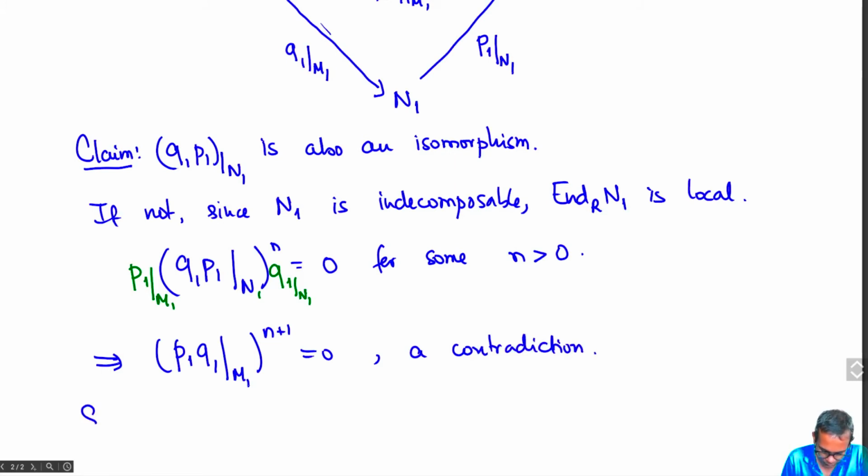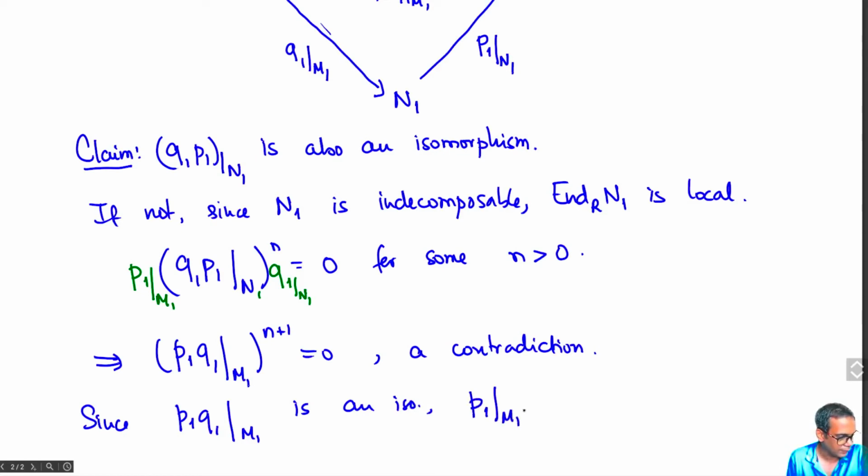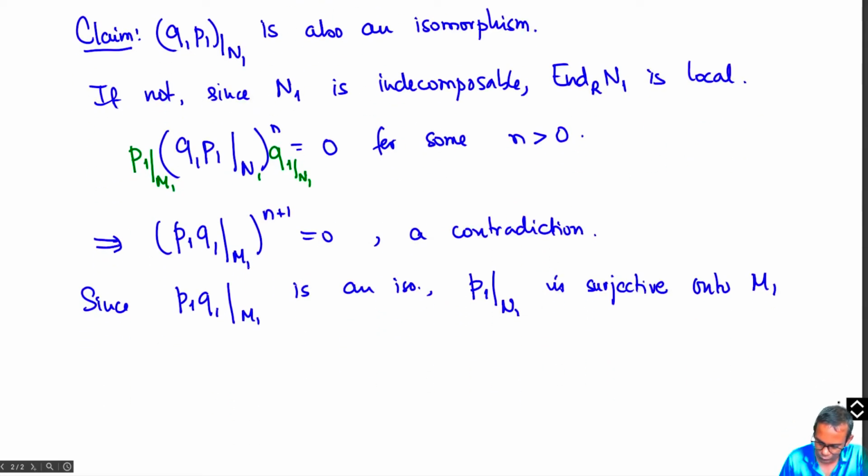But that contradicts the fact that P1 Q1 is an isomorphism. So now since P1 Q1 restricted to M1 is an isomorphism, we have P1 restricted to N1 is surjective onto M1, and we also have that Q1 restricted to M1 is injective.